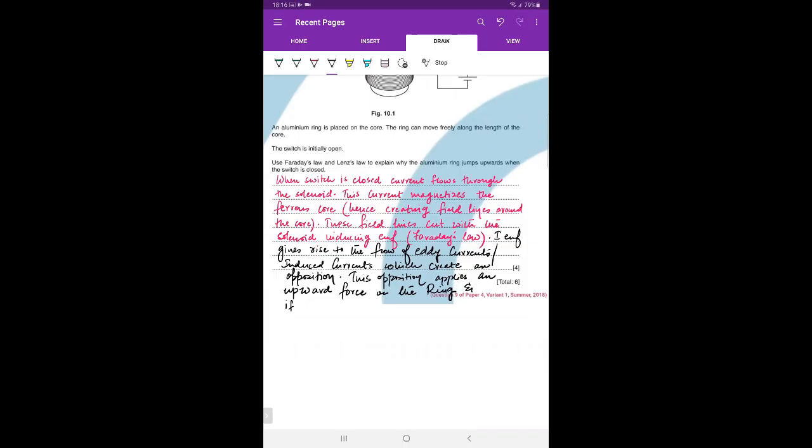So induced EMF gives rise to the flow of eddy currents slash induced currents, which create an opposition.